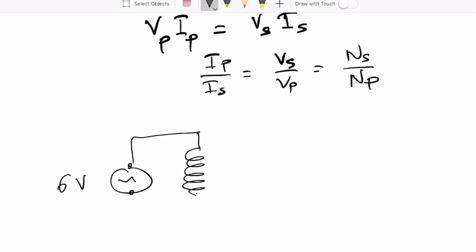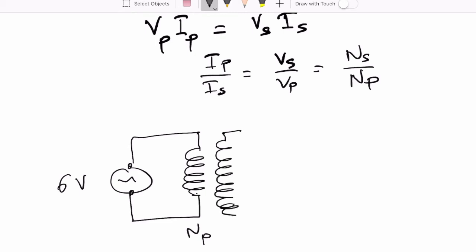How would I do that? I would do that by just adjusting the number of turns in the primary and the secondary. So if I want to make 60 volts show up over here, what is the ratio of turns in the primary and the secondary?